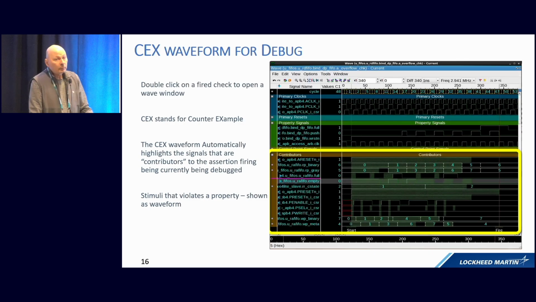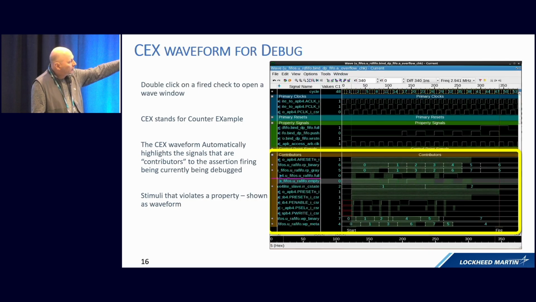In the formal, if we get a failure or an issue that is flagged, it shows a counterexample. This is much easier debug than in simulation. In simulation, I get a failure. I need to decide in the waveform which signals to trace. How am I going to debug the simulation failure? Here, it gives me exactly the counterexample.